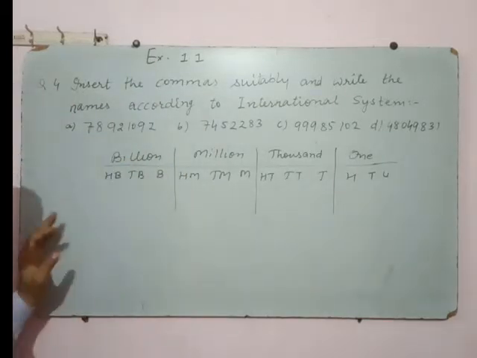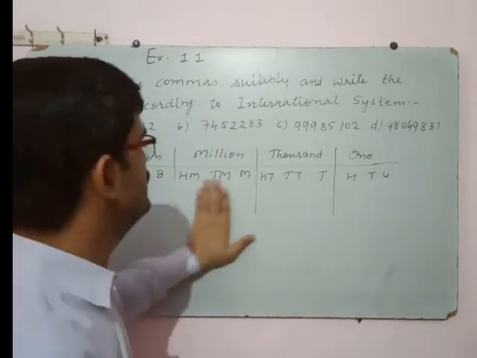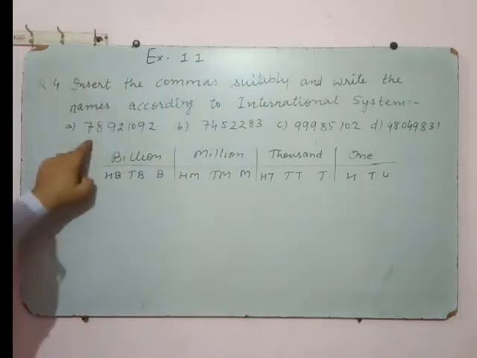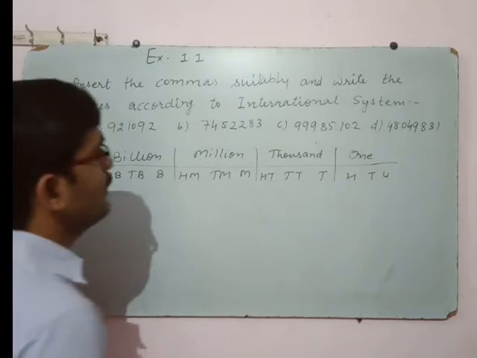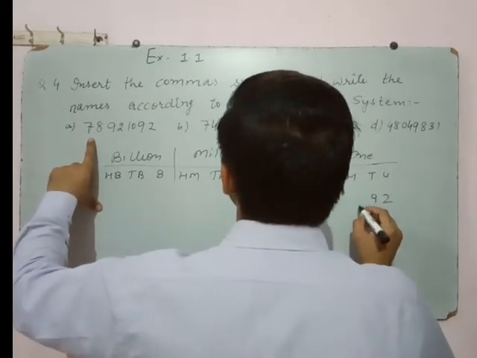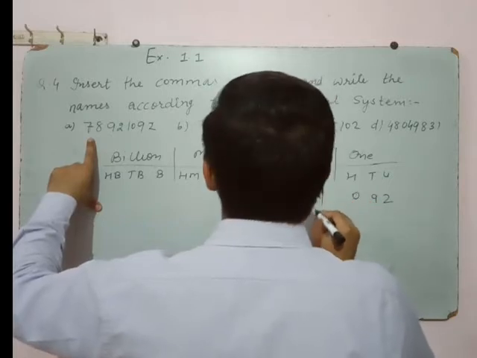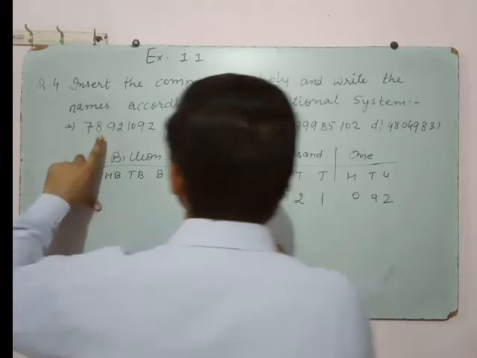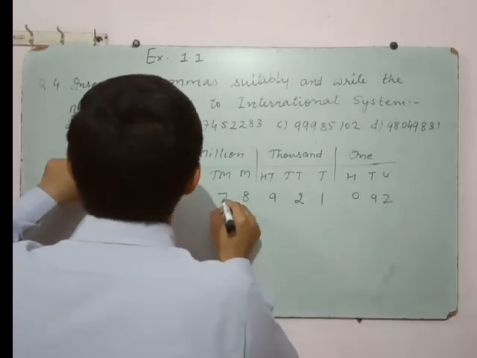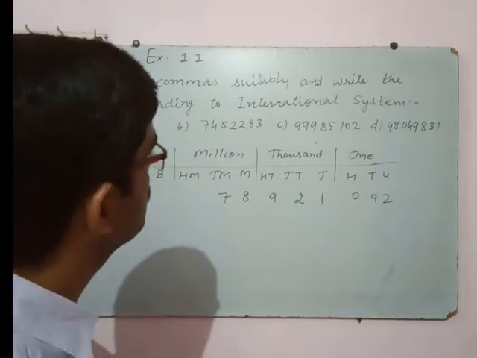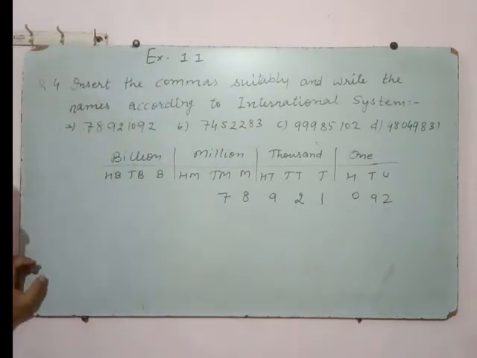Okay, so these are the places in these periods, according to the international number system. Now we have to write down this. What is this? 2 9 0 1 2 9 8 7. Okay, so this is our international number system.